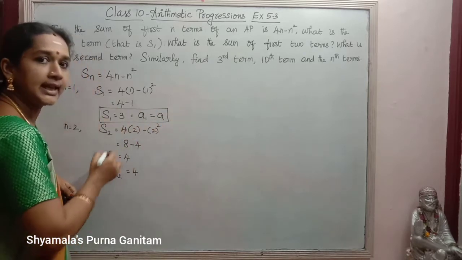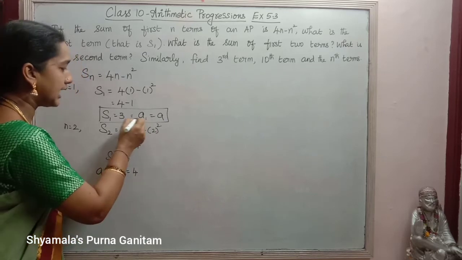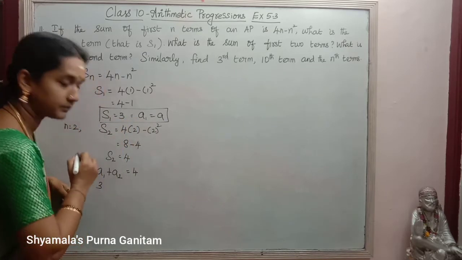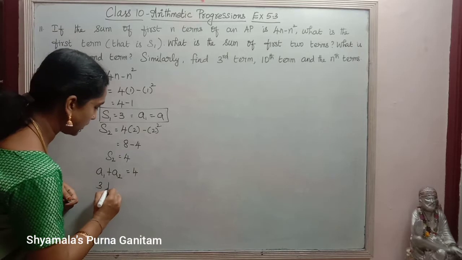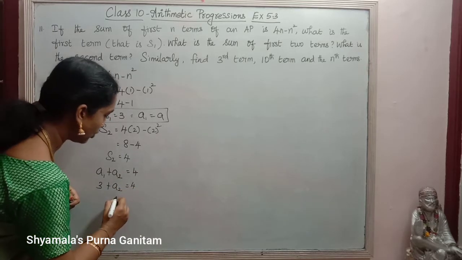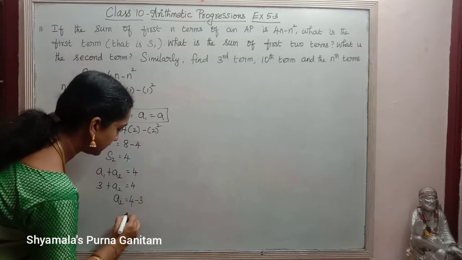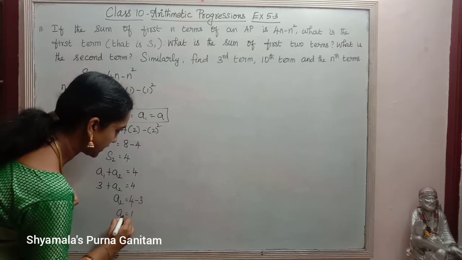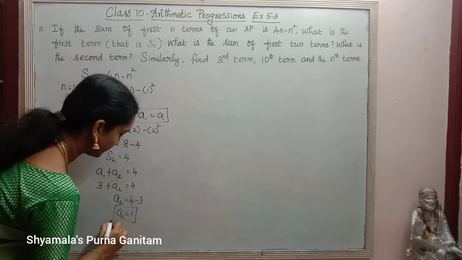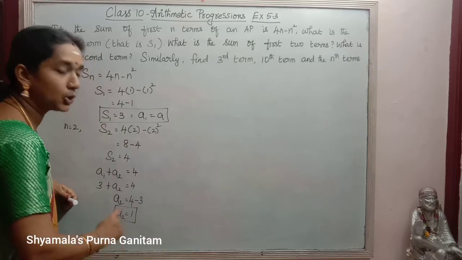So here in this A1, that is in this place, I will substitute that value as 3. So 3 plus A2 is equal to 4. So A2 is equal to 4 minus 3, that is equal to 1. So this is the second term. So A1 is 3 and A2 is 1.